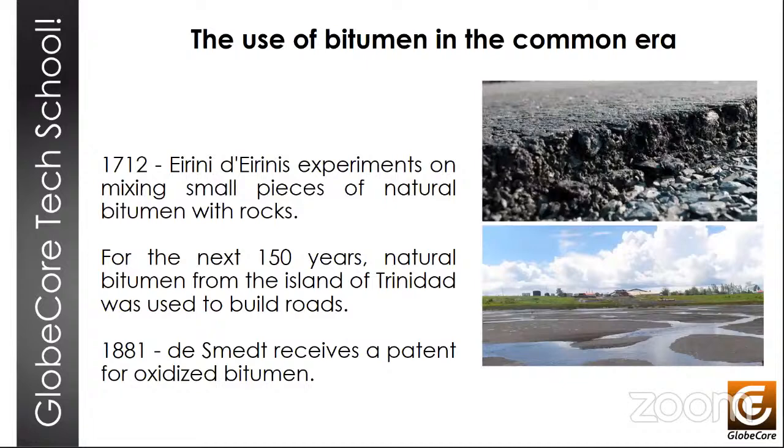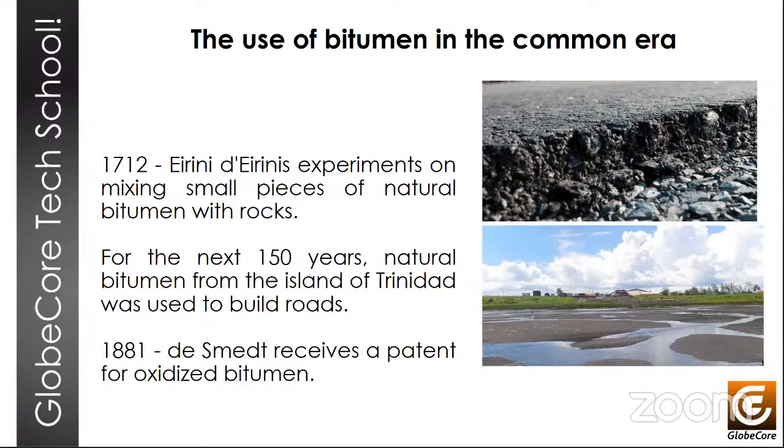So the further development of bitumen technologies only began in the Common Era, so much later. In 1712, Juan de Reni discovered a bitumen deposit in Switzerland and experimented with mixing small pieces of natural bitumen with rocks. A few years later, he presented his thesis based on his research, entitled Natural Asphalt Binder. Over the next 150 years, the bitumen used for construction of roads was natural bitumen from the island of Trinidad.